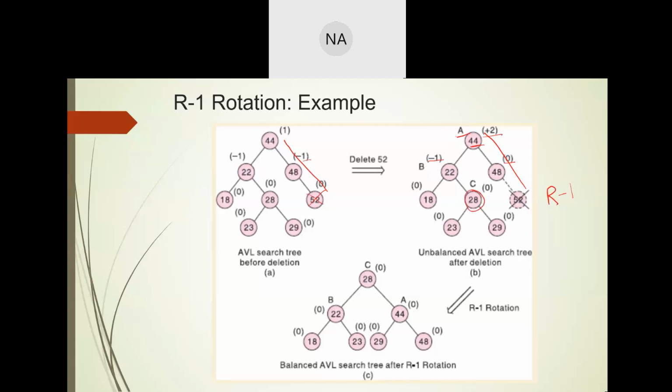So how to perform R minus 1? Node C is made the root, so node 28 is made the root of the AVL tree.